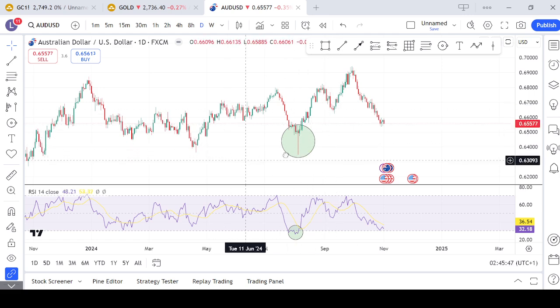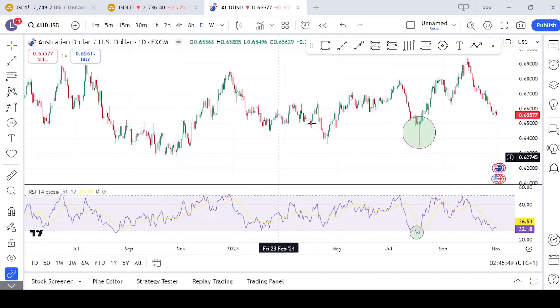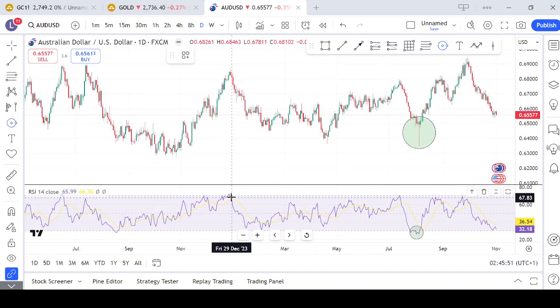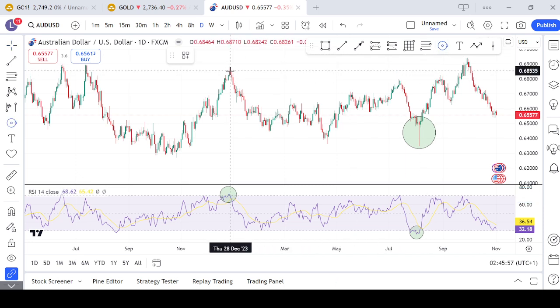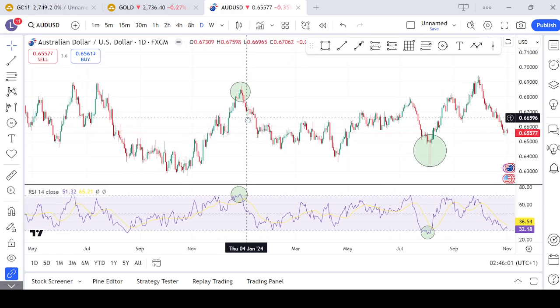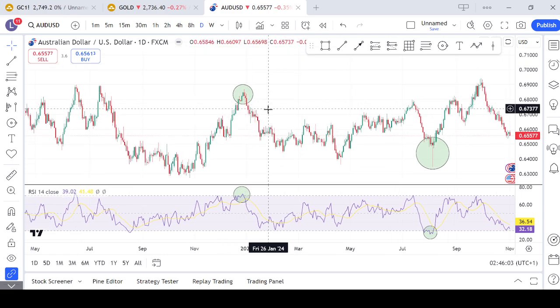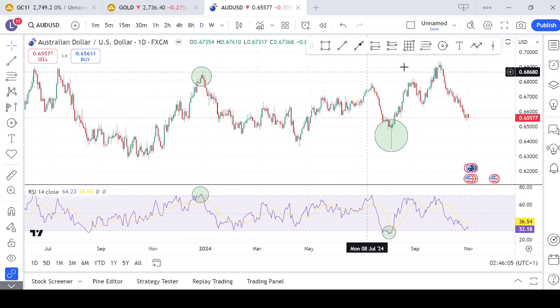So that's one way you can use the RSI. You can see price went above 70 here, which signifies overbought, and see price giving us a confirmation here with this morning star, and you can see price reversing to the downside.